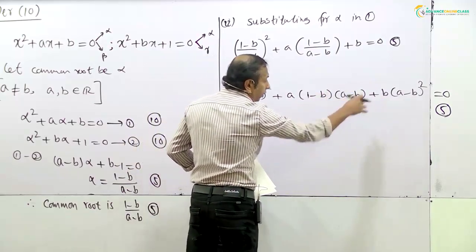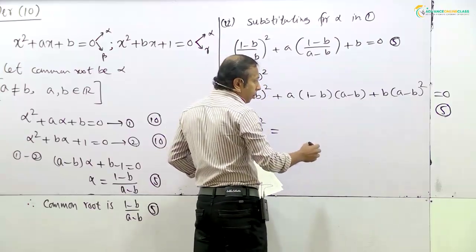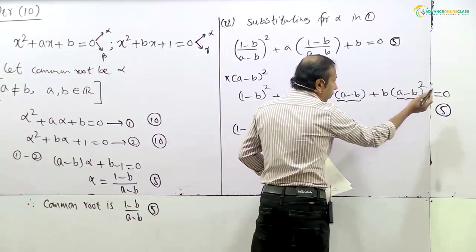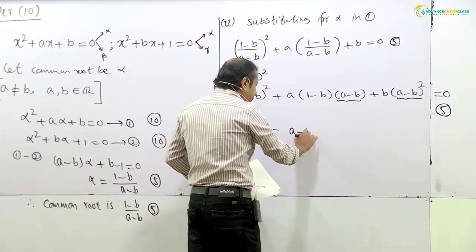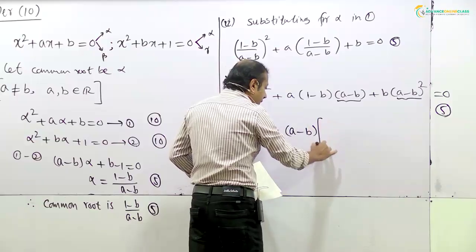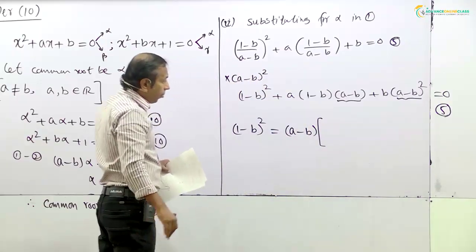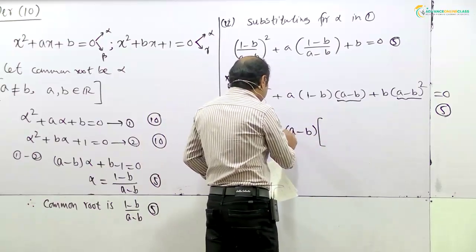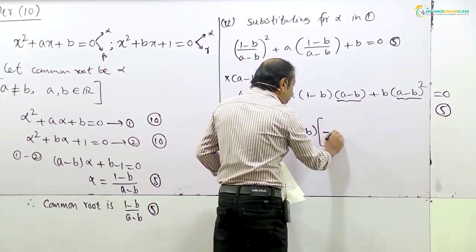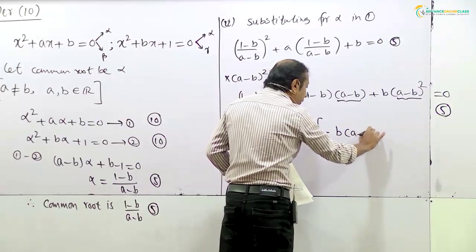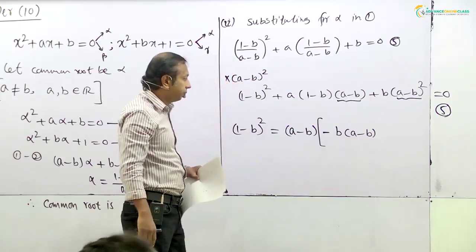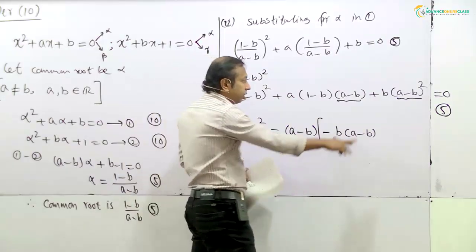We'll take this to the right hand side. Once we take it to the right hand side, here a minus b you can take out. Once you take a minus b out, this will be minus b times a minus b. I first take right hand side now, and then take a minus b out. Then this term will be negative, no?